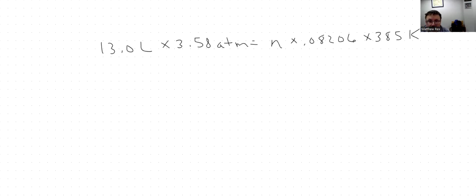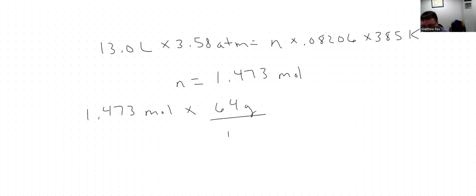So n should be 1.473 moles. Now that is that many moles of SO2 gas. So if we multiply that by the molar mass of SO2, we'll get the mass in grams for that volume of gas at that pressure and temperature.